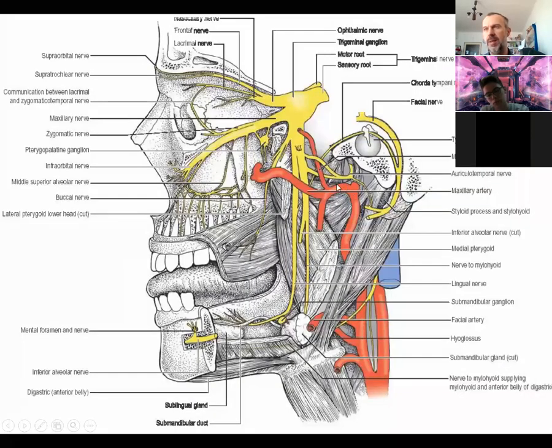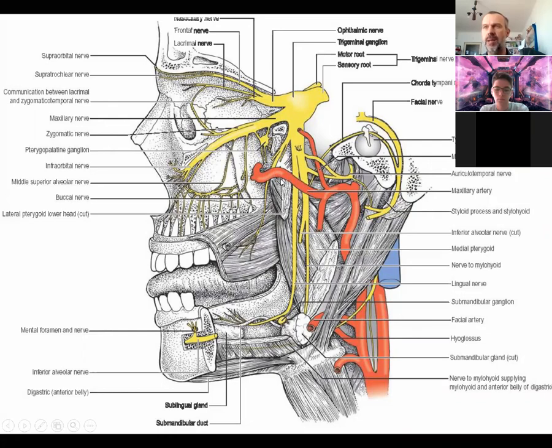So we can see here the middle meningeal and inferior alveolar, and then we get from the mandibular part into the pterygoid part. You can see here the muscles. This is the lateral pterygoid muscle, the inferior head. And we can see the close relationship to the mandibular nerve, and the artery runs laterally to the mandibular nerve.